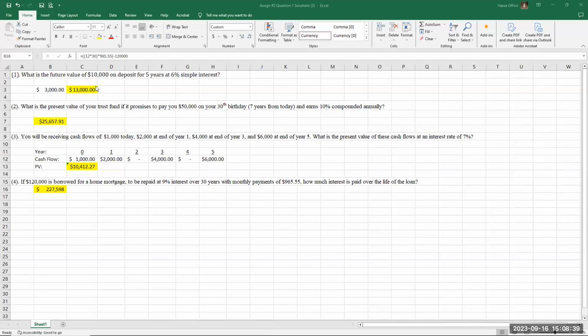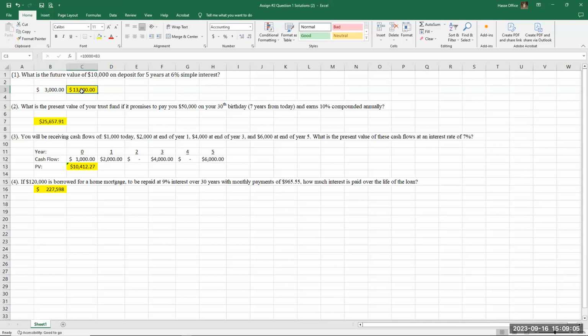Many of you did the compounding interest over 5 years. In other words, first year interest compounded to the second year and so on. Simple interest asks you to just take $10,000 times 6% times 5 years, which is $3,000. Add that $3,000 to the principal, the answer is $13,000.